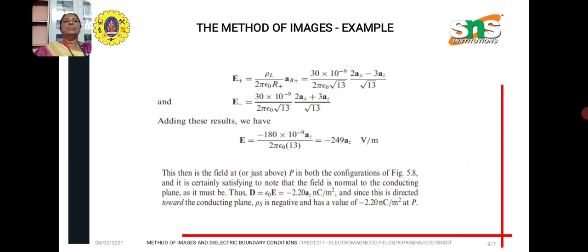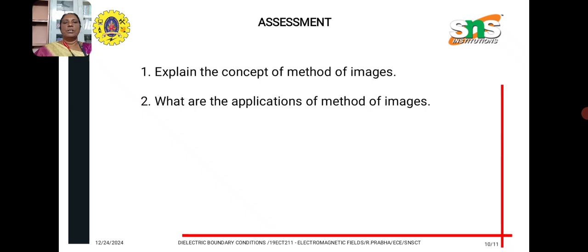In this way, we can easily find out the total field at any given point by using the method of images. According to the method of images, the equipotential surface is replaced by a conducting plane and the exact opposite charge is placed at the opposite plane, and the superposition of the two charges is obtained to get the total field.